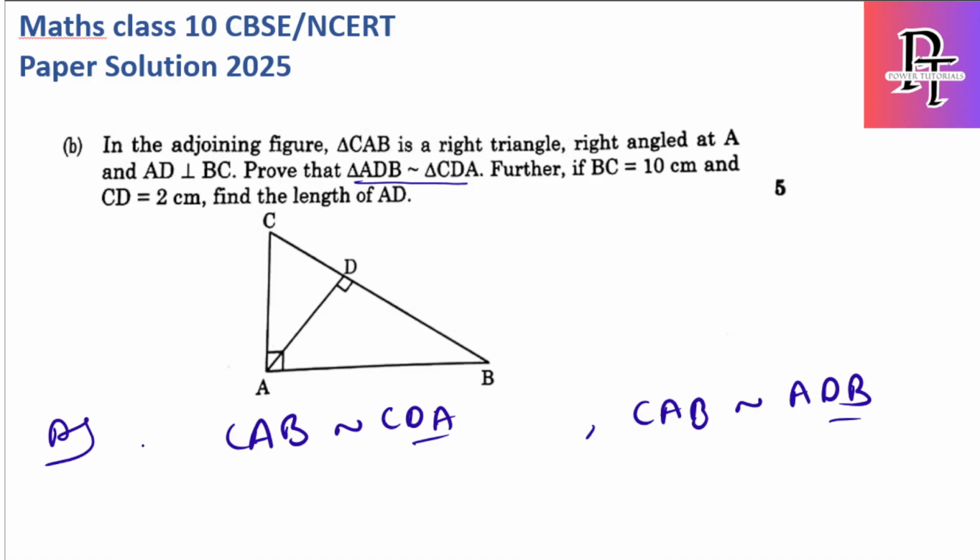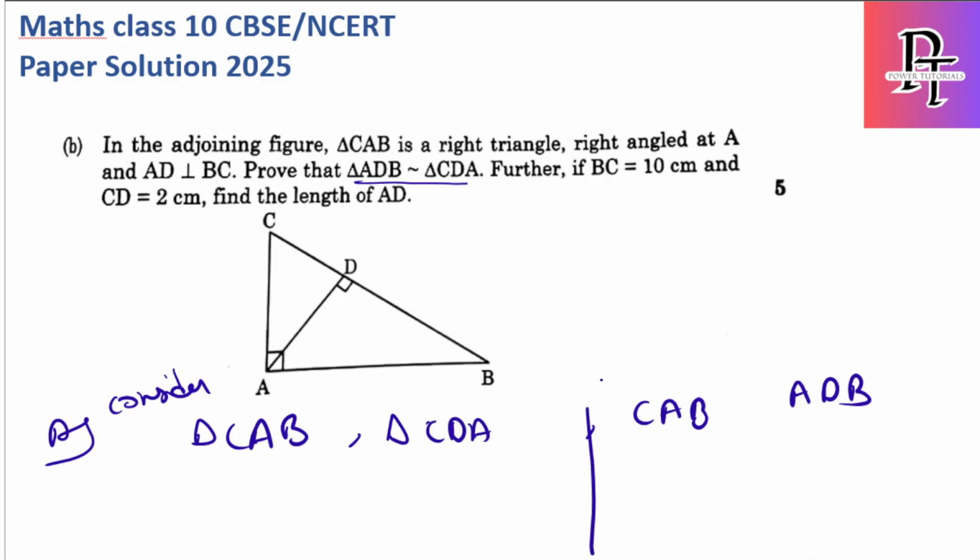Okay, so let's go in this way. I'll write, consider triangle CDA and triangle ADB. ADB is already there, so I'll write the other one which is CDA. Same way, consider triangle CAB and triangle ADB.